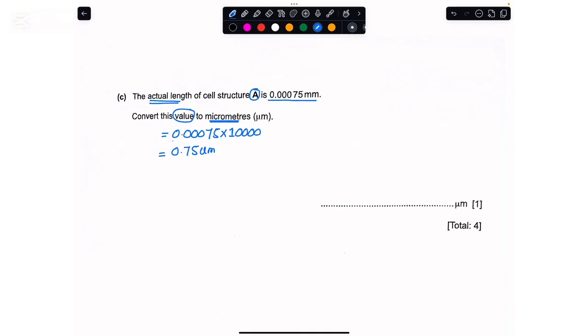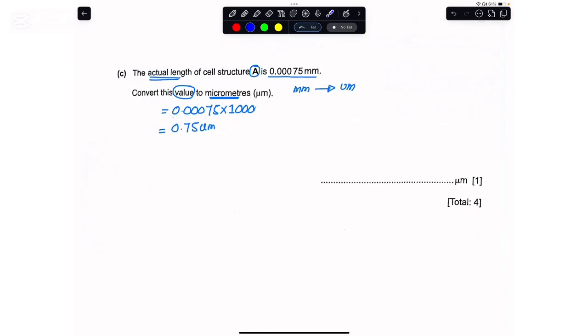And as I have mentioned above, when you want to convert millimeter into micrometer, you simply have to multiply the value which the examiner has given you by 1000. So if I multiply this value with 1000, I would get the value in micrometer.